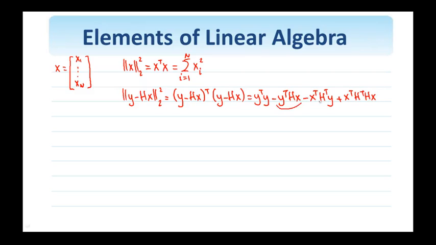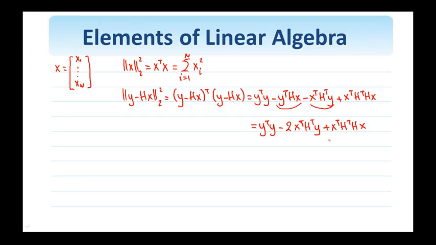These are all scalars, these are inner products, and the one is the transpose of the other, therefore they're equal, and this becomes equal to y transpose y minus 2 x transpose H transpose y plus x transpose H transpose Hx.